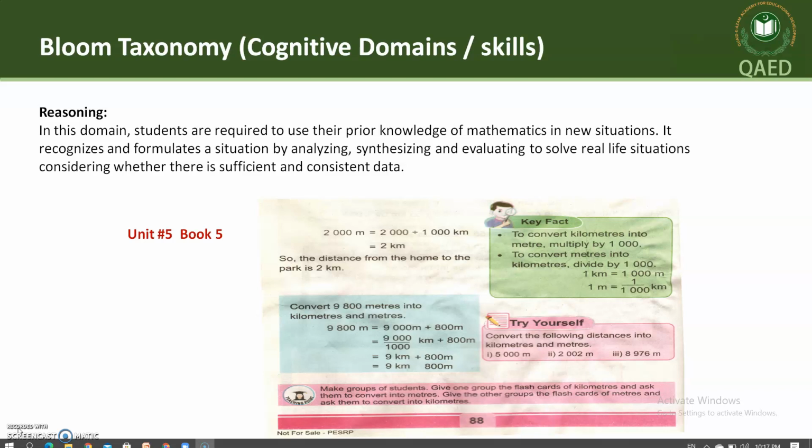We can see the example: convert 9800 meters into kilometers and meters. So 9800 meters is equal to 9000 meters plus 800 meters, which is equal to 9000 over 1000 kilometers plus 800 meters, which is 9 kilometers plus 800 meters. So our answer is 9 kilometers 800 meters.